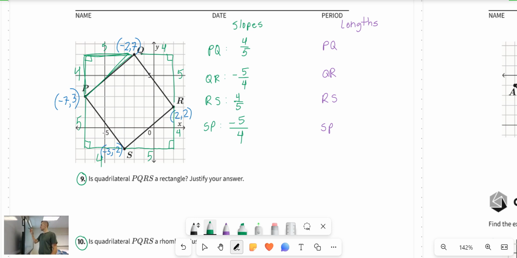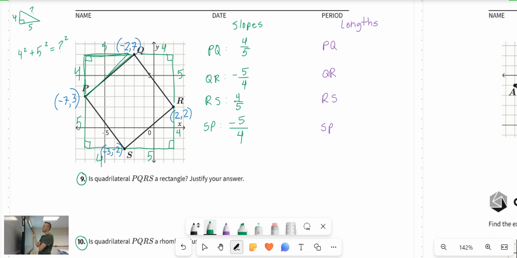Right, we know that for a right triangle where we have a 4, a 5, and something, we know that 4 squared plus 5 squared is going to equal that last length squared.